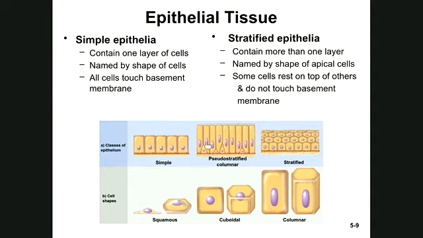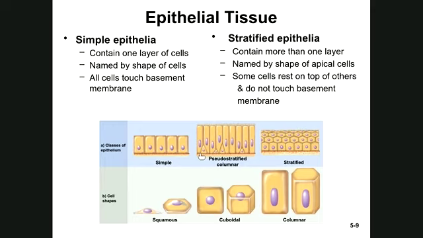So they resemble the stratified epithelium. But if we continue each cell, we see that all of them can reach the basement membrane. So we call it pseudostratified or false stratified epithelium. This simple or stratified is the first name of our epithelium.